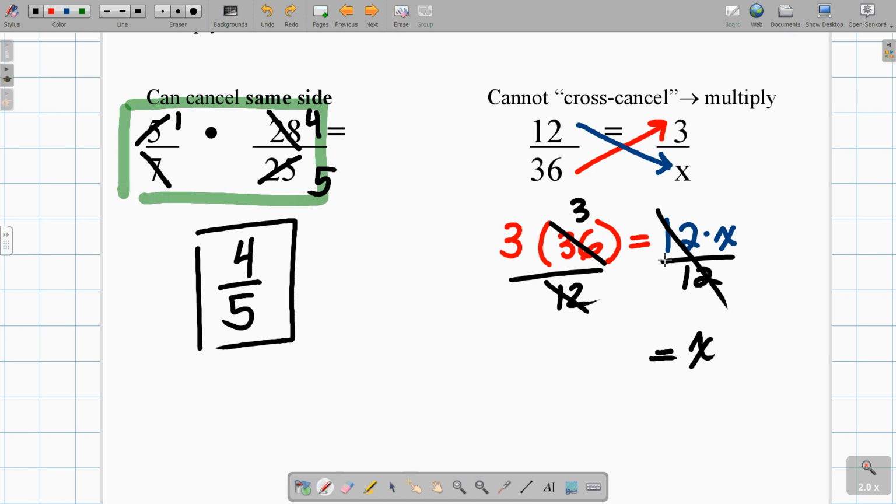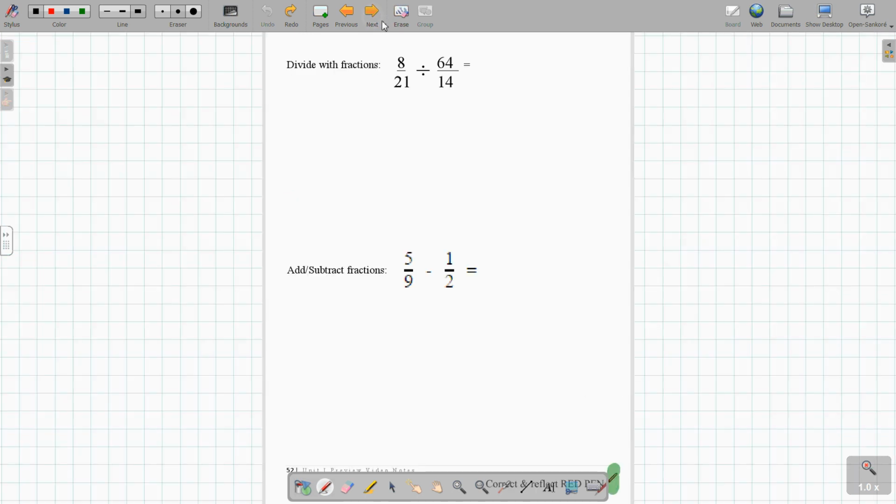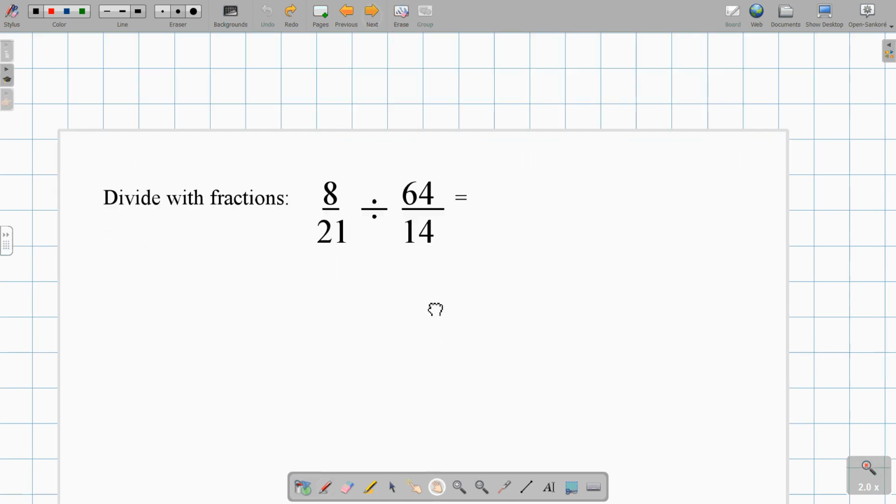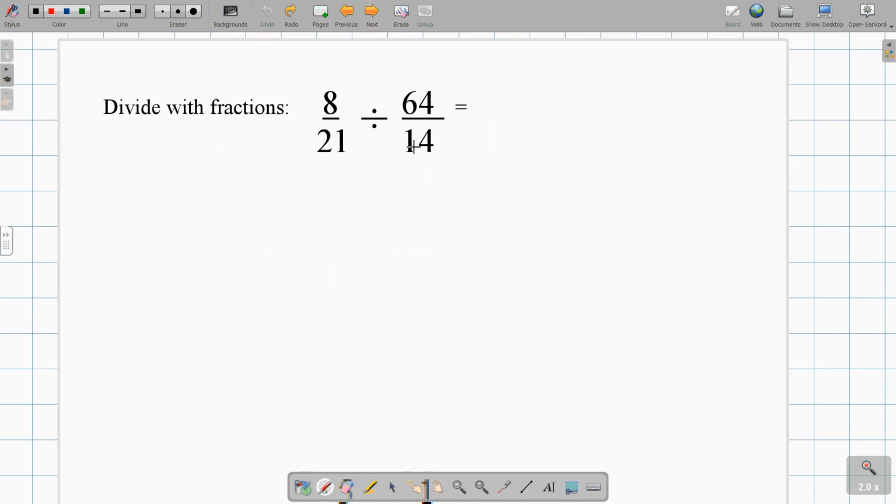Dividing is the same as multiplying by the reciprocal, so I'm just going to flip it into its reciprocal, which is 14 over 64. I'm going to start canceling where I can. I know that goes in there 8 times. And 7 goes in there twice, and 7 goes in there 3 times. I know the 2 can be taken into the 8 4 times.